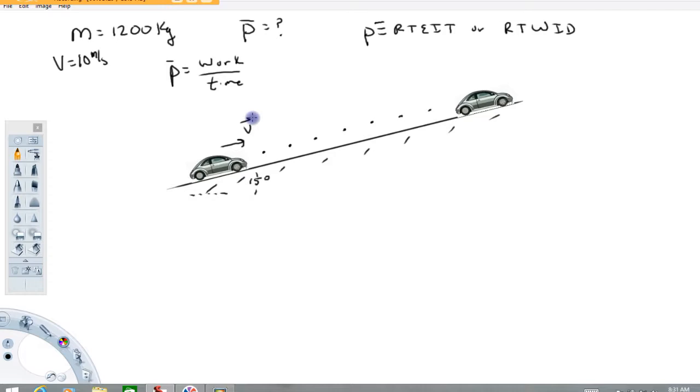And what that means, as far as the problem is concerned, is that the time can be chosen. We should get the same answer if we choose 10 seconds, 2 seconds, 1 second. So I'm going to go ahead and just choose a time frame of 10 seconds. I'm going to call that delta t, 10 seconds.